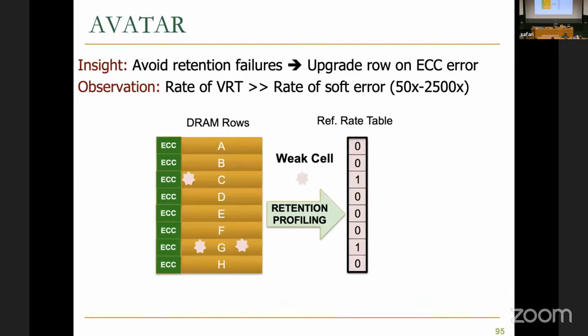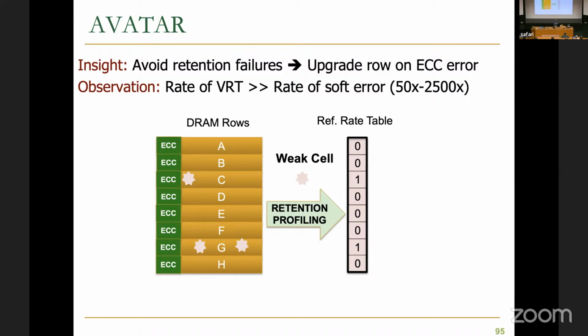The insight is that we can avoid retention failures if we use ECC, if we upgrade refresh rate on an ECC error. Our observation is that the rate of VRT is larger than the rate of soft errors.